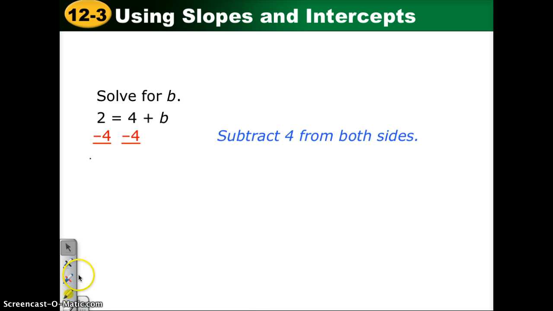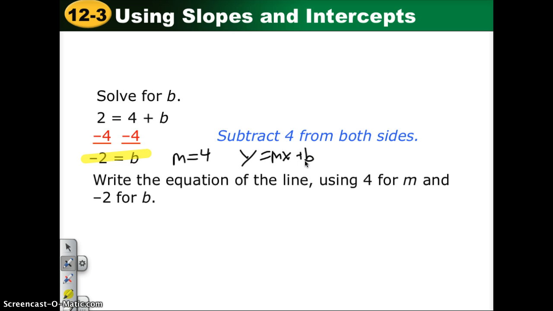So we subtract 4 from 2, we get negative 2. So that's b. So now we want to go back to what we had at the beginning, where we had m equals 4, b equals negative 2, and we'll use y equals mx plus b and substitute those numbers in. So our final answer should look like we did the previous day, y equals 4x minus 2.